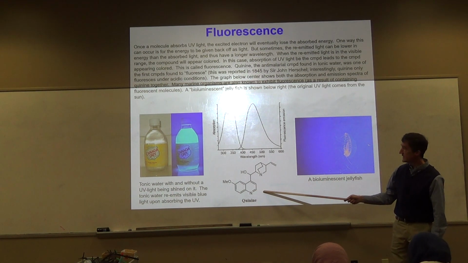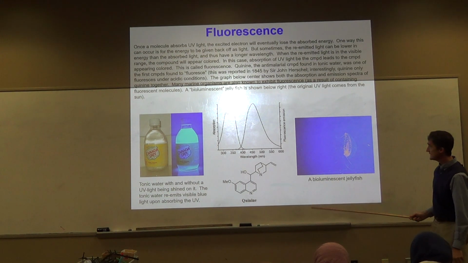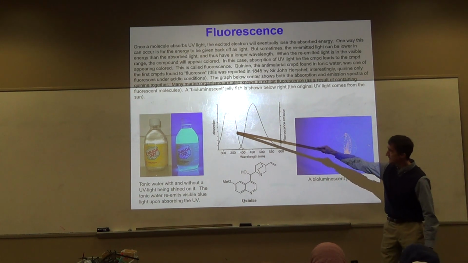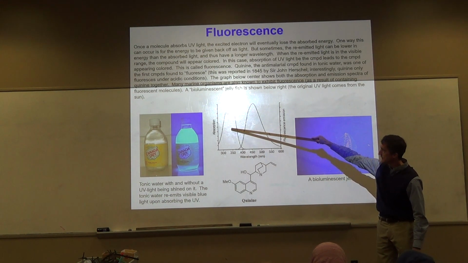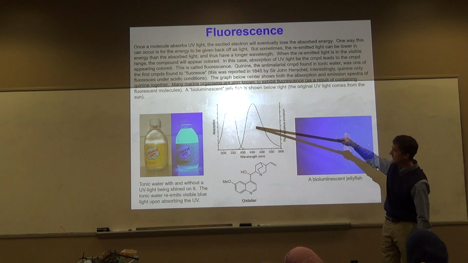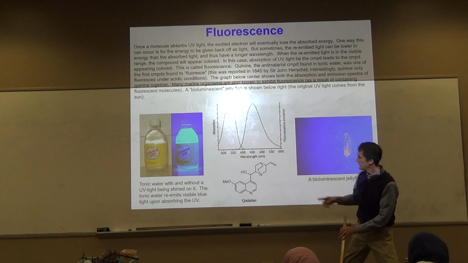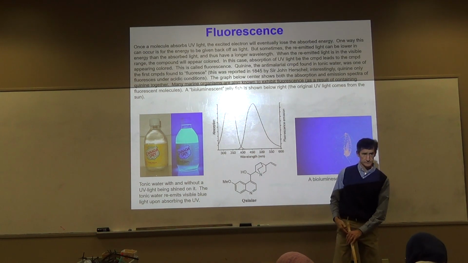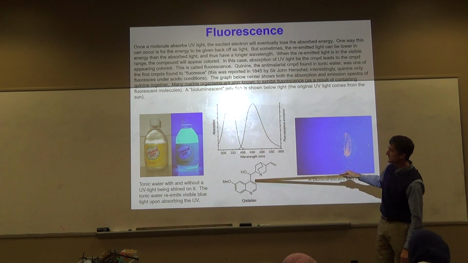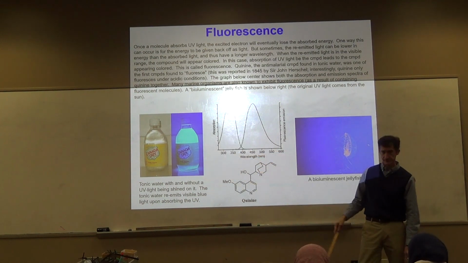Quinine will absorb UV and then give back off visible. This is an absorbance spectrum, but this is what it gives back off. It absorbs UV and gives back off visible, but it largely gives off blue light.